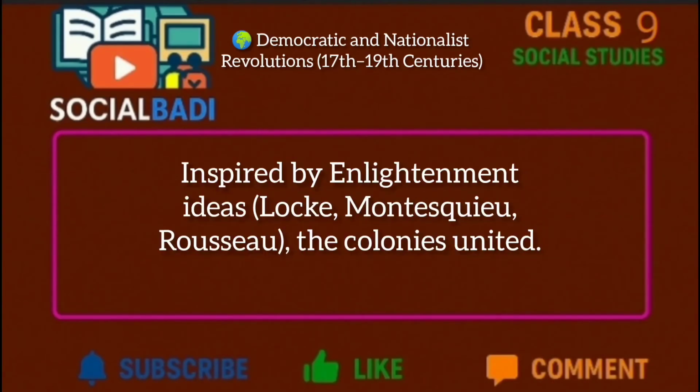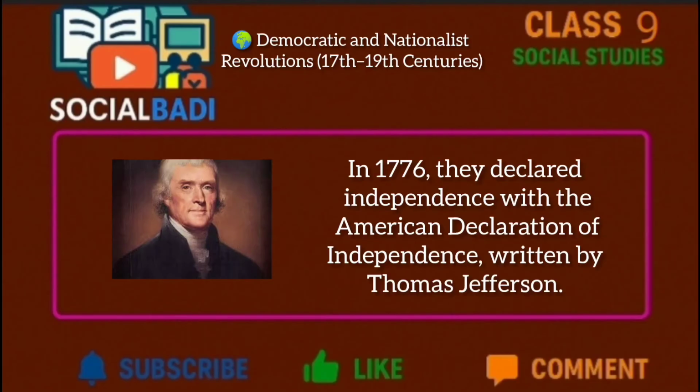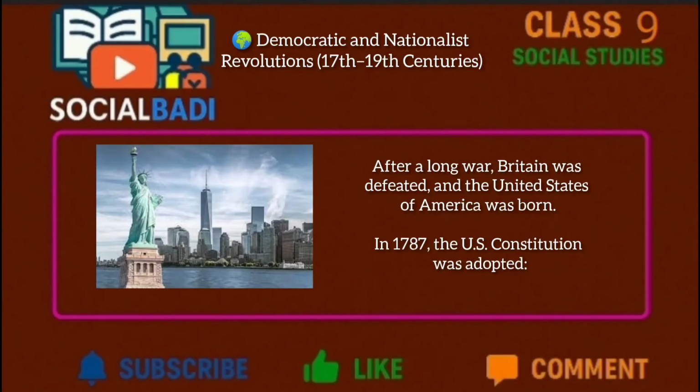Inspired by Enlightenment ideas, Locke, Montesquieu, Rousseau, the colonies united. In 1776, they declared independence with the American Declaration of Independence, written by Thomas Jefferson. After a long war, Britain was defeated and the United States of America was born.